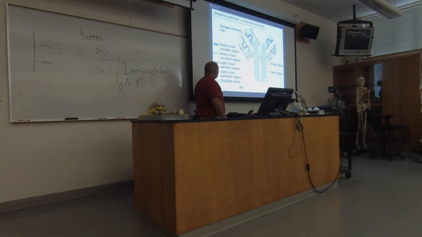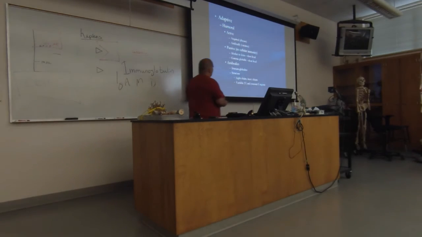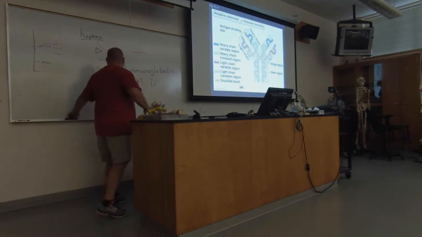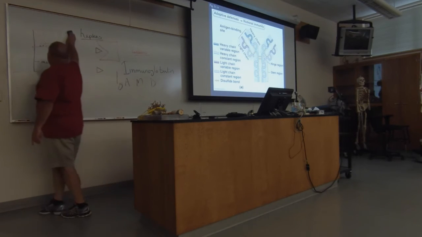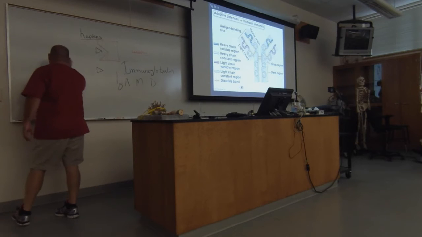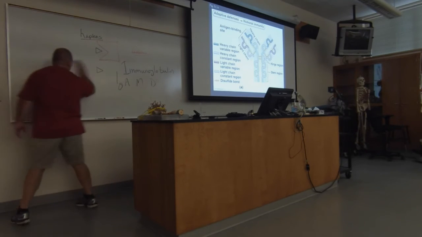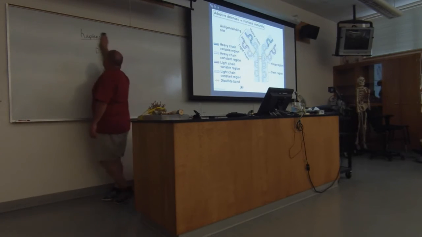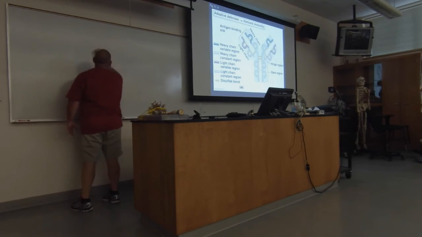Okay? Now, when we talk about this, this is another part that students have a difficult time with. Antibodies have different functions based off of their location, based off of their class.